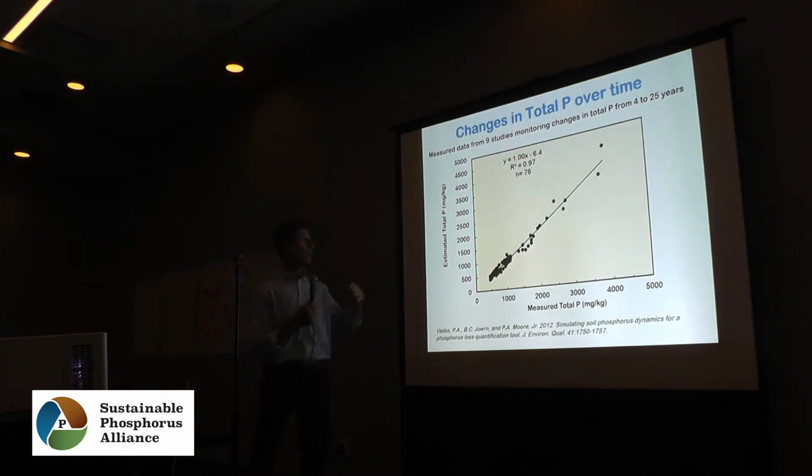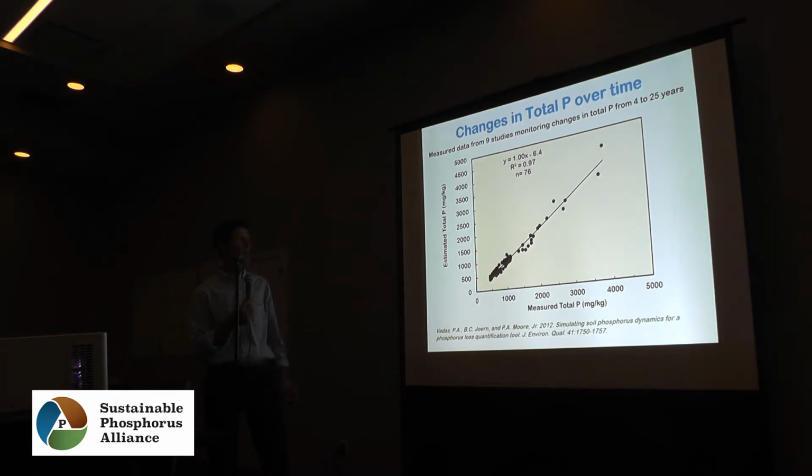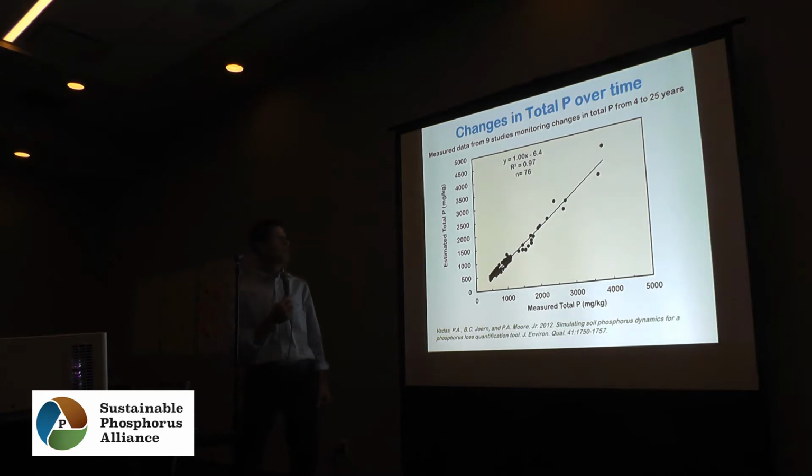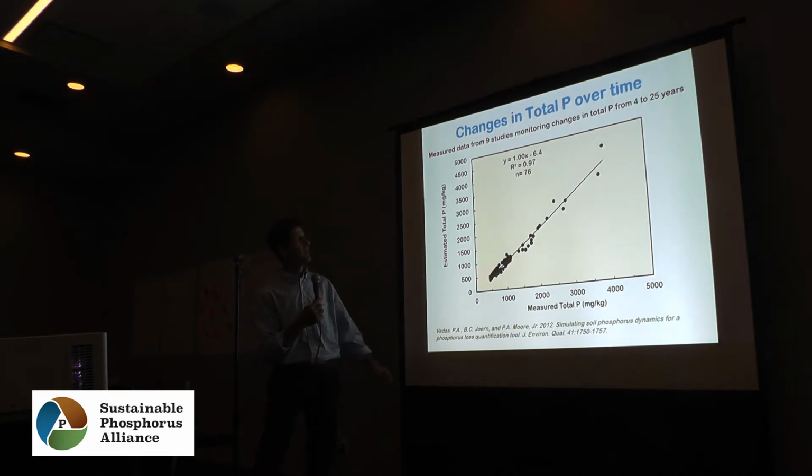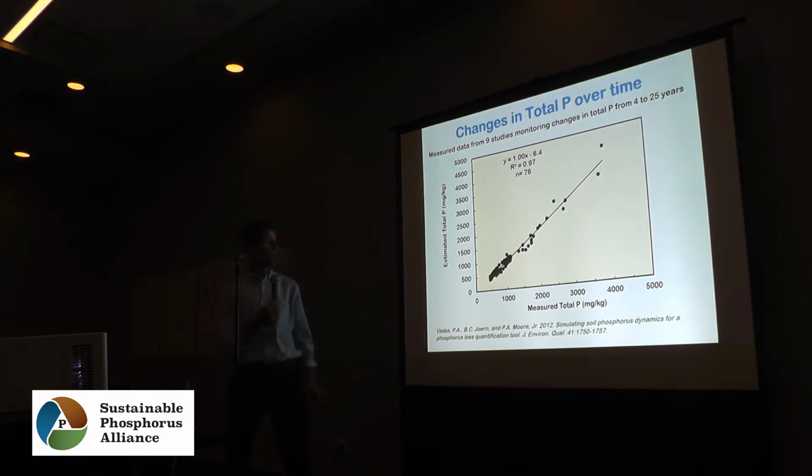So again, I go into the literature and look at what papers are out there that had a site, a field, where they were adding phosphorus at different rates through the years, and measured changes in total P through time in the soil, given this management. I simulate that, and we ask: can we simulate changes in measured total P with what we're estimating with the model?